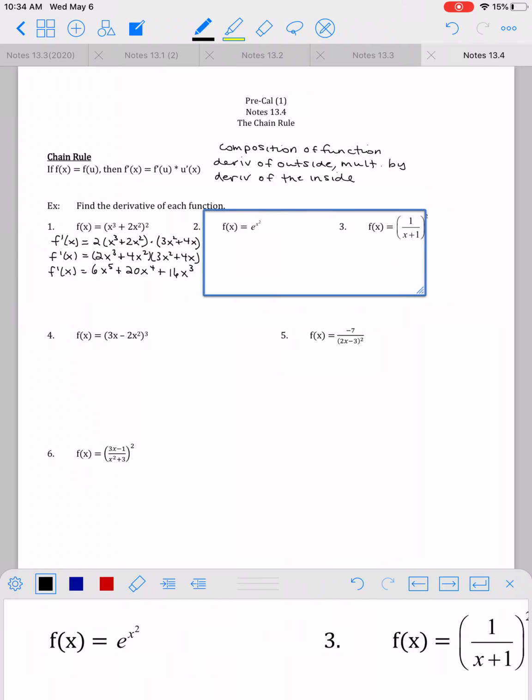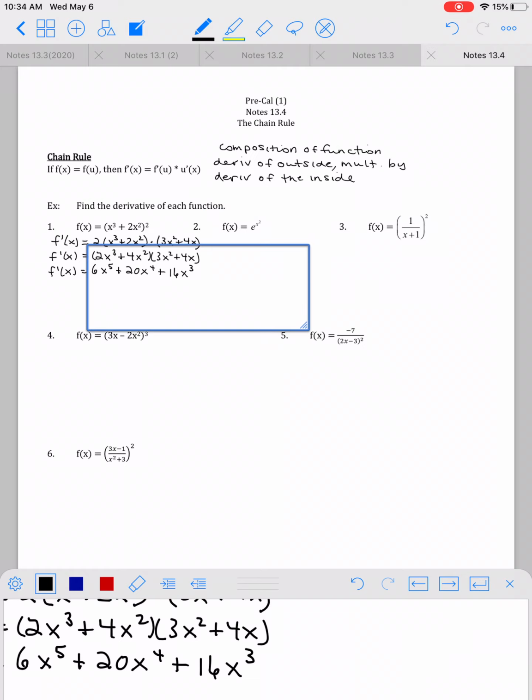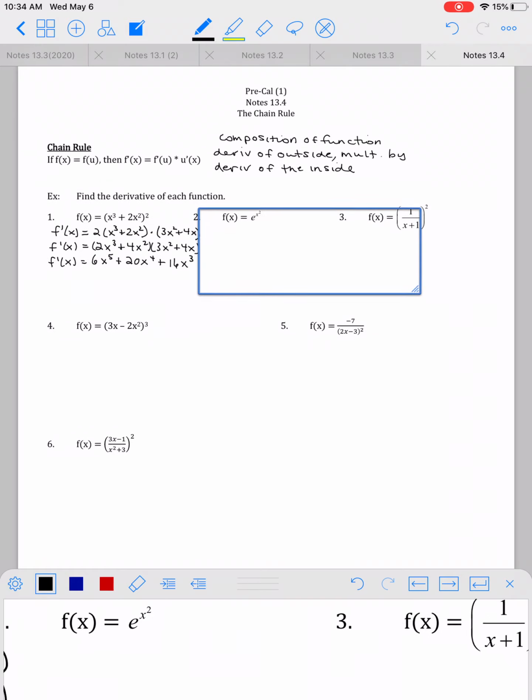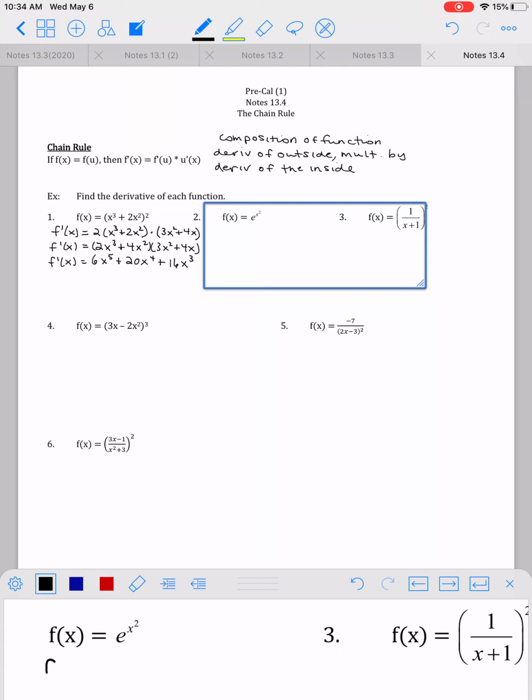Okay, this next one, one of the things to mention is that the derivative of e to the x is e to the x. So when we go to do this one, we would say f prime of x is equal to e raised to whatever power it is, and then we take the derivative of the exponent, which is 2x.